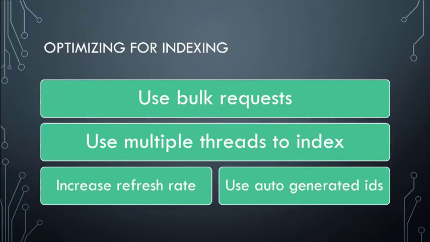But if Elasticsearch is allowed to auto-generate the ID, then it knows, or at least assumes, that this is a new document and will never check for an existing ID. This makes indexing go faster.